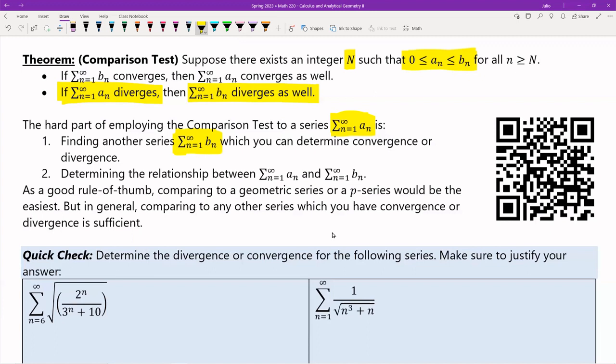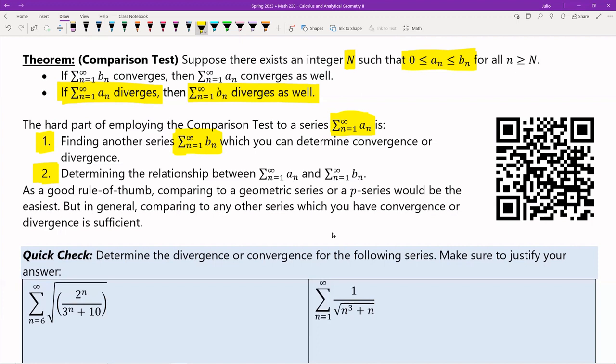You have to figure out whether something converges or diverges, so you're going to have to choose a B sub n series where you know that information somehow. That's one hard part. The second hard part is determining the relationship between A sub n and B sub n.